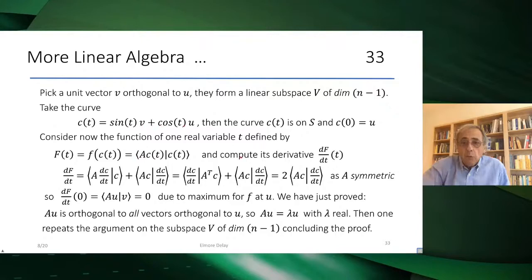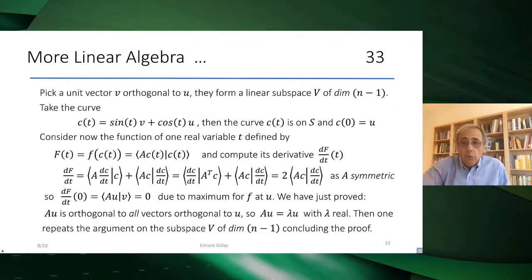You can take the derivative. This is just a product, so you get the derivative of the curve times the curve plus the curve times the derivative of the curve. And as the matrix is symmetric, you can pass it to the other side and you get this. This is the only point where you use the fact that A is symmetric.